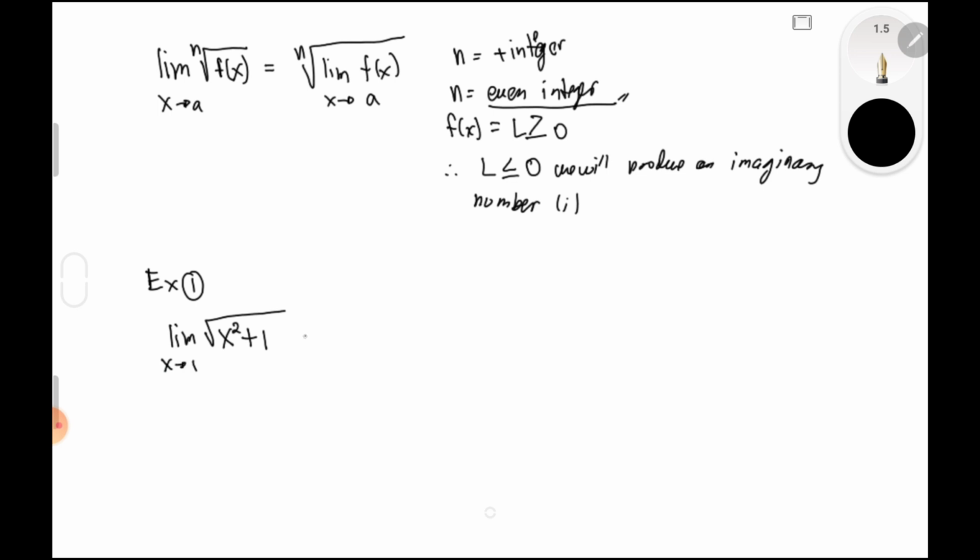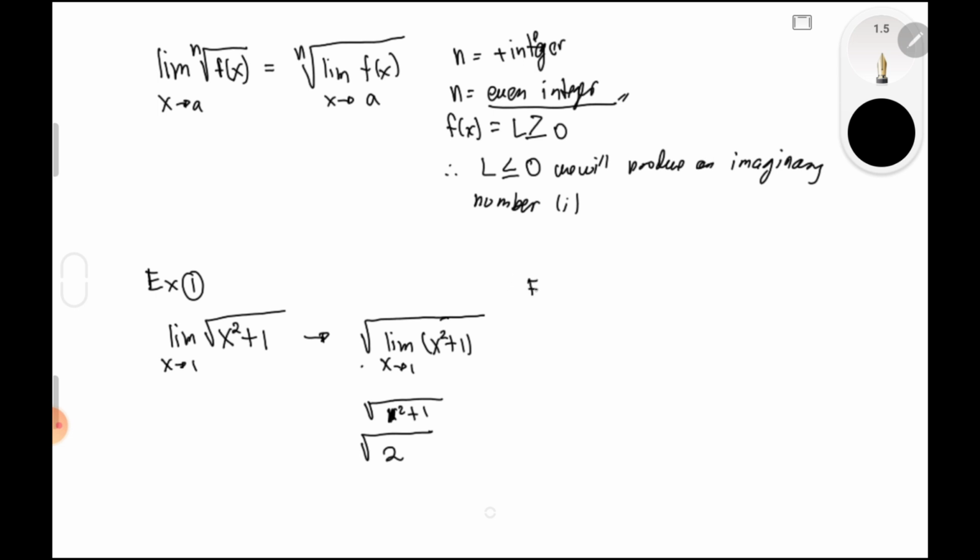So take note that we may write it as the square root of the limit of x squared plus 1 as x approaches 1. So we have a value equal to the limit of x squared plus 1, which is x squared plus 1 as x is equal to 1. So we will have a value equal to square root of 2.